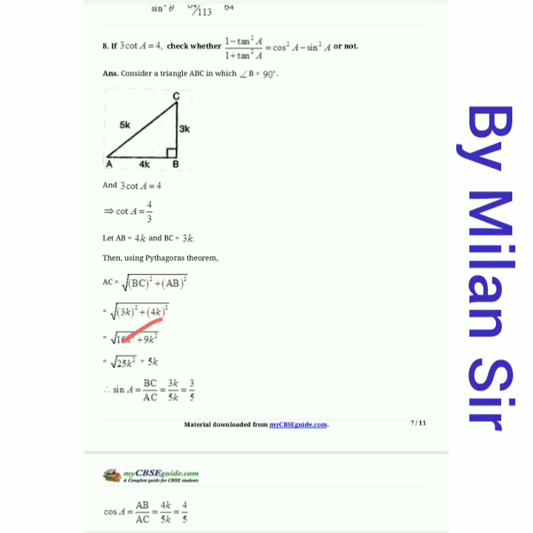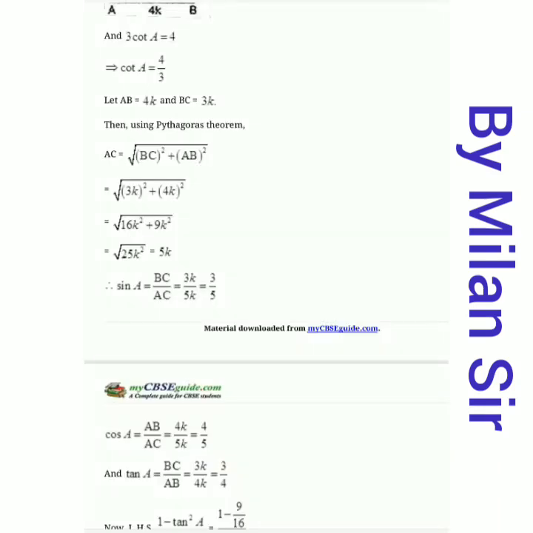Addition is a commutative process, so we can change the order, but here no need to change the order, but it is written in this PDF, that's why I tell you. If we do not change the order, we even get the same answer. Okay, so 16k square plus 9k square is equal to 25k square, and square root of 25k square.